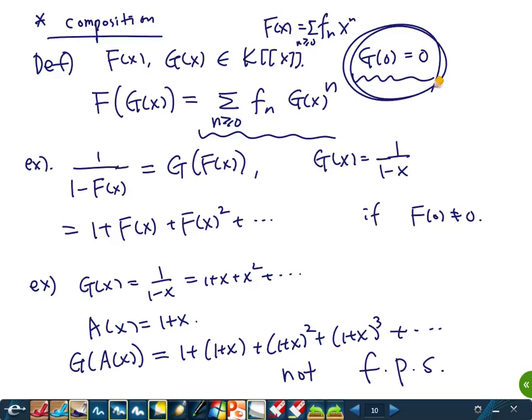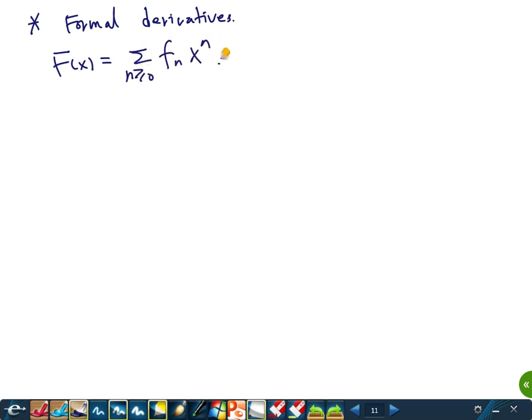All right. There are more operations in formal power series. You can even do calculus, formal derivatives. So f of x is equal to this. Then this is the definition.